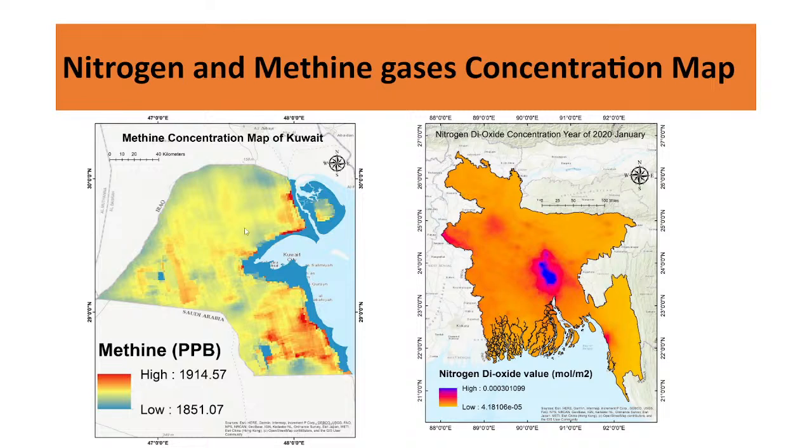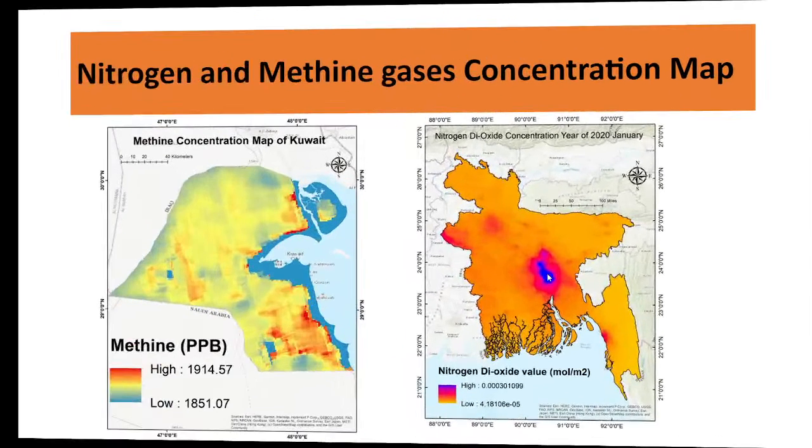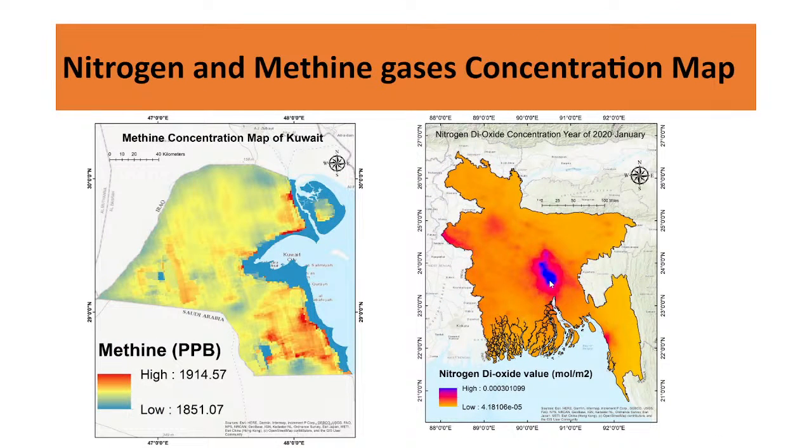From this map we can visualize the result. The other is the nitrogen dioxide concentration map for January 2020. Here the blue color identifies nitrogen dioxide at high concentration, and the unit is mole per meter square. We also get some low regions: the yellow color shows low density of nitrogen dioxide.